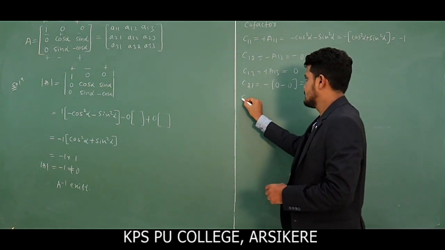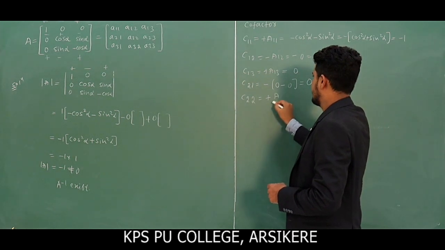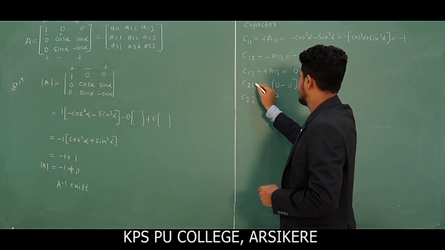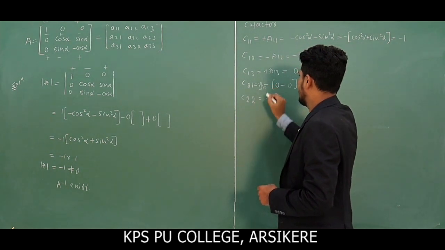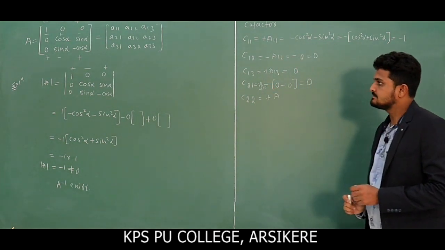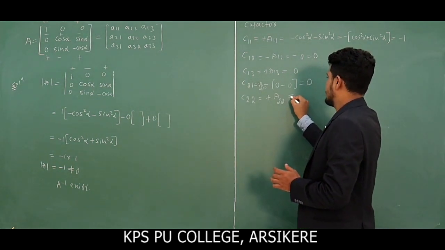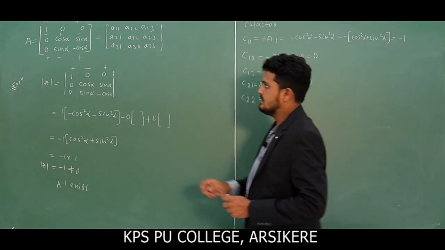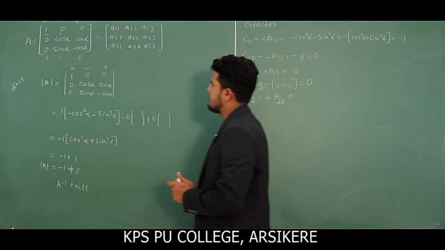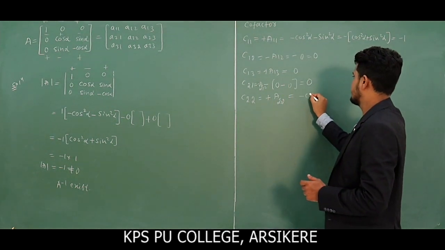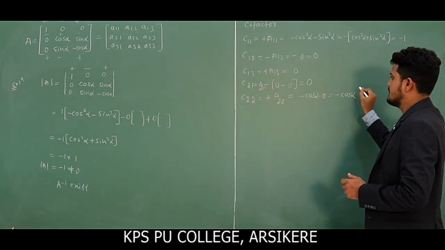Next C22: plus of A22, eliminating second row, second column: 1 into minus cos alpha, so minus cos alpha minus 0, which is equal to minus cos alpha.